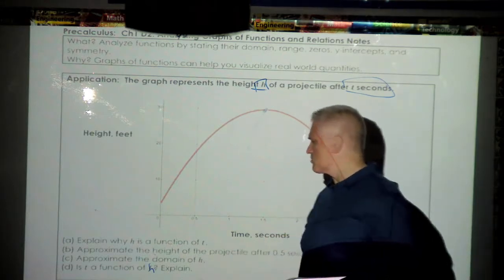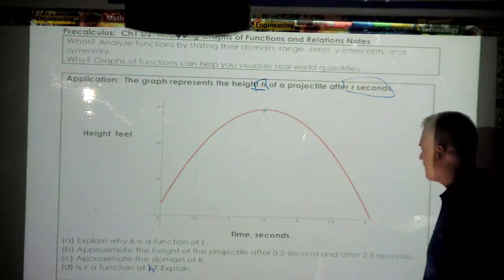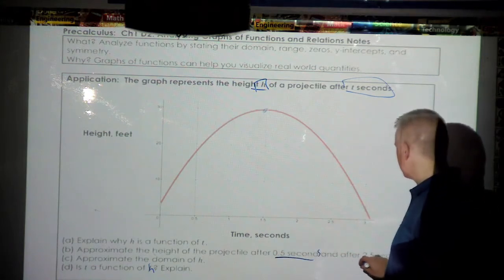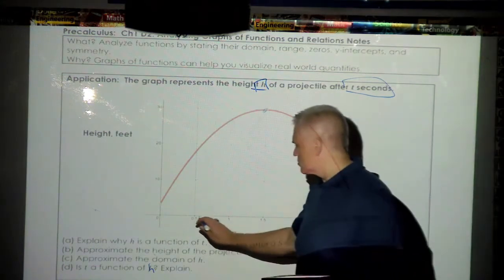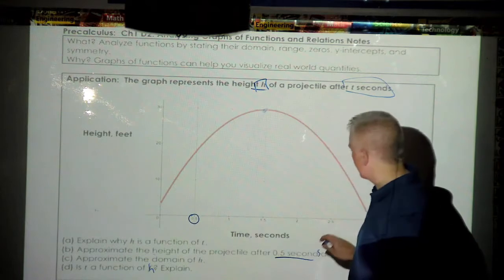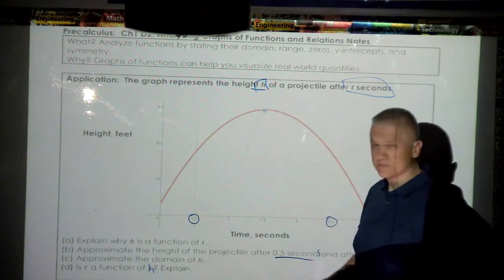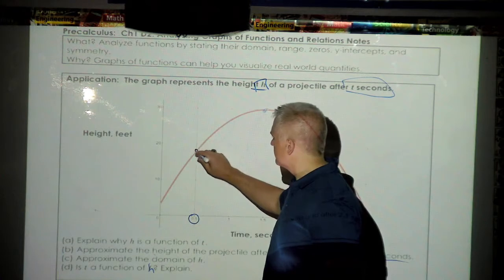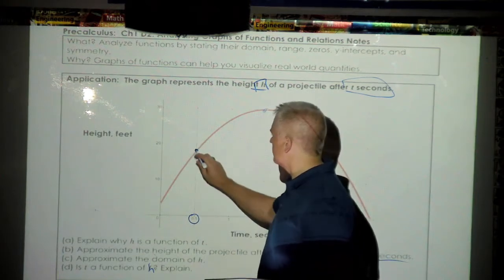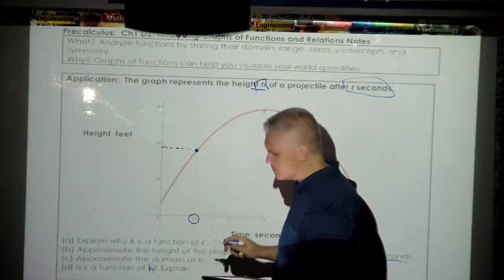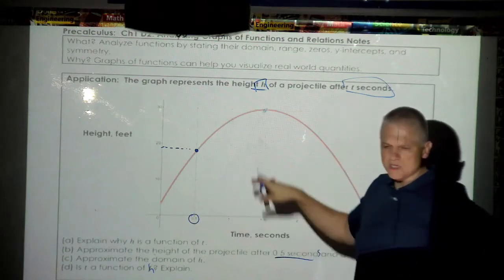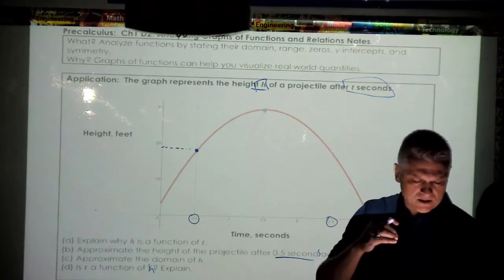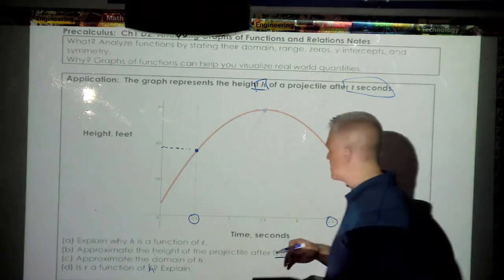Okay, B says approximate the height of the projectile after 0.5 seconds and after 2.5 seconds. So 0.5 seconds is right here, and 2.5 seconds is right here. If we go up to our graph at 0.5 seconds, it's tough to see here, but on your notes you can see some grid lines, and it's at the third grid line between 10 and 20.